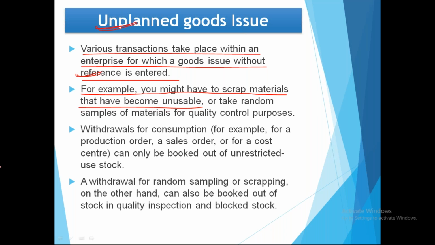So you identified there are some materials in your organization which cannot be used anymore, so that time you will do the scrapping, or take random samples of materials for quality control purposes. Okay, so you have some materials in the organization which you want to do quality inspection. That time you will take some random samples.